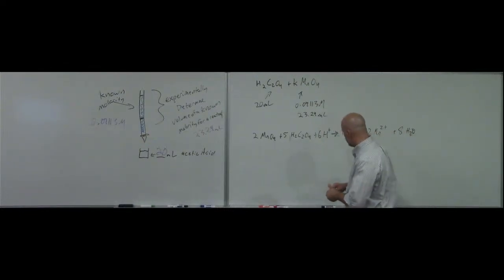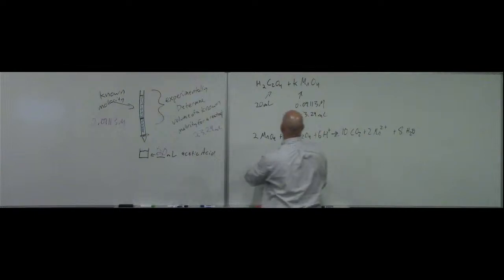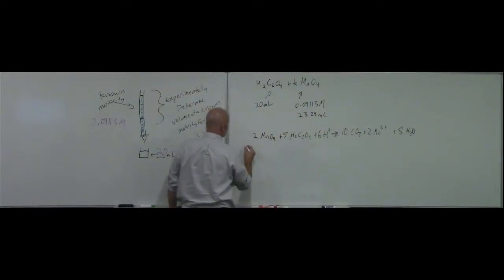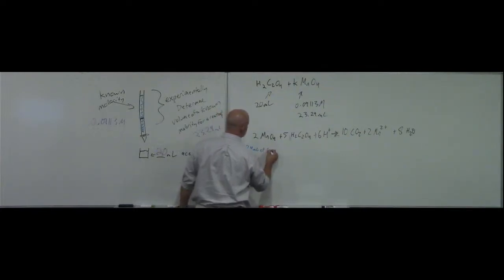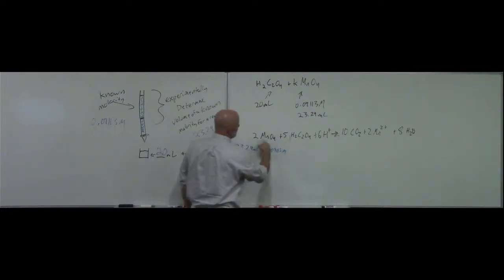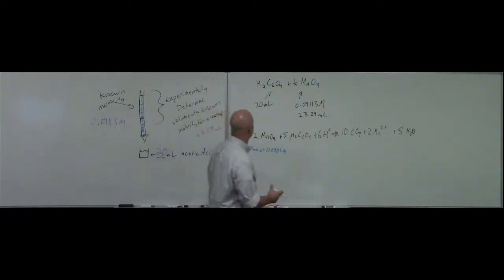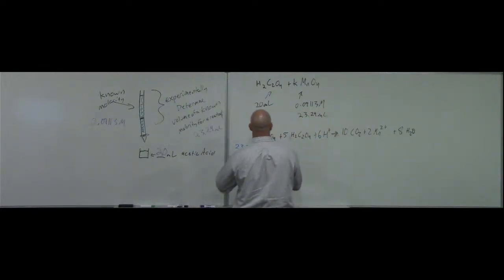Let's go back and think about this. I know that I have 23.24 milliliters of 0.09113 molar potassium permanganate. There should be a K there.